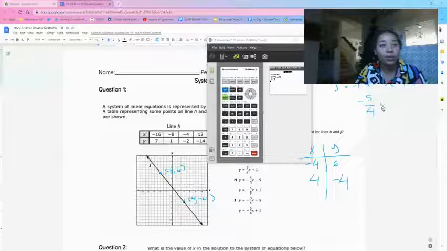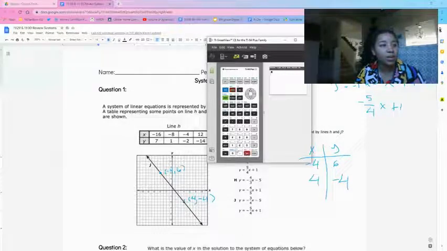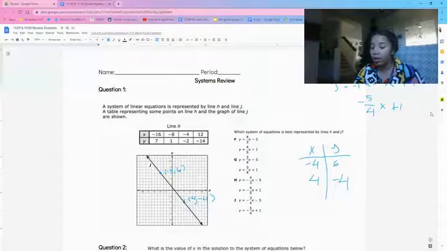If you don't know that as a fraction, you can definitely put this into your calculator. I'm going to do second quit, and I'm going to do -1.25. Hit math, fraction, enter, and you get -5/4. So that's just a matter of practice, but the calculator can definitely help you if you're not that quick.